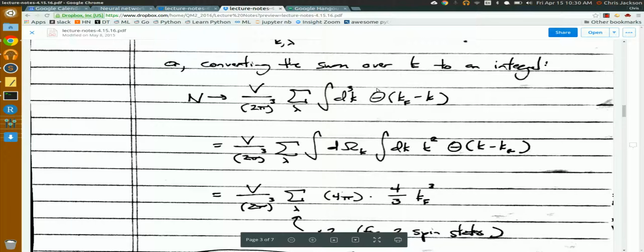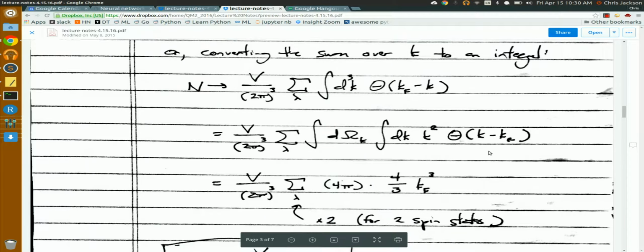Now I want to do this k integral, and I can treat it just like a spatial integral and break it into spherical coordinates. So I have some solid angle integral, then a radial integral, and then my step function.